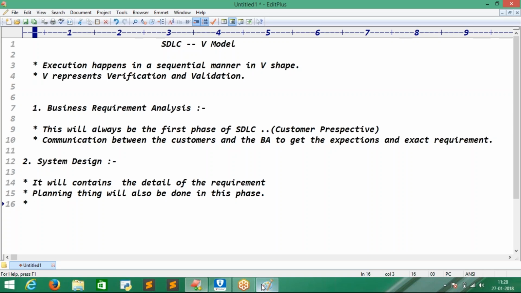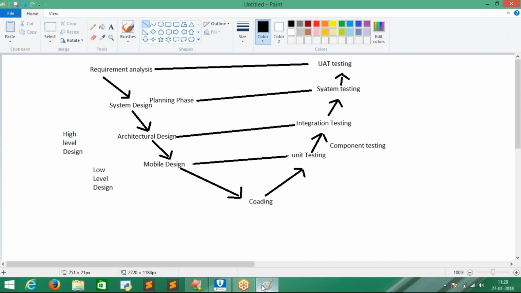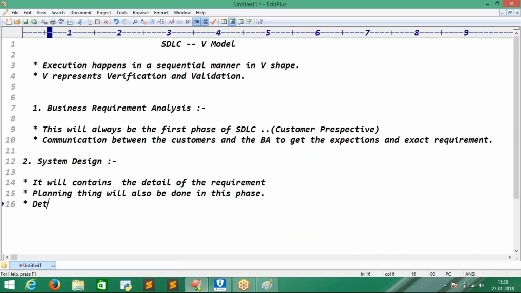Now, when I'm talking about the detailed design, sorry guys, here I'm talking about the detailed design. The detailed design of what?